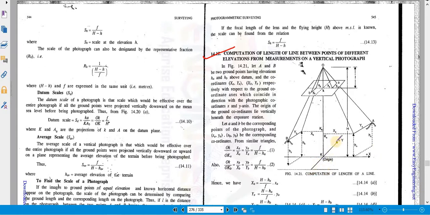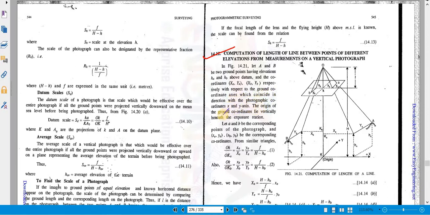Suppose this is your origin; the coordinates of point A are XA and YA from this origin, and the coordinates of the next point, point B, are XB and YB, with respect to the ground coordinate axes which coincide in direction with the photograph coordinates X and Y.